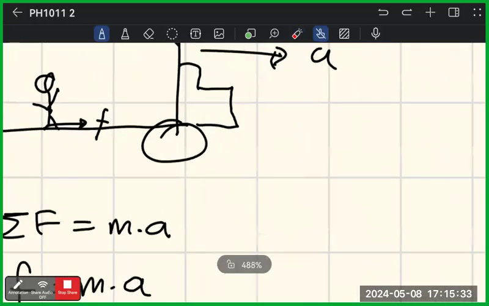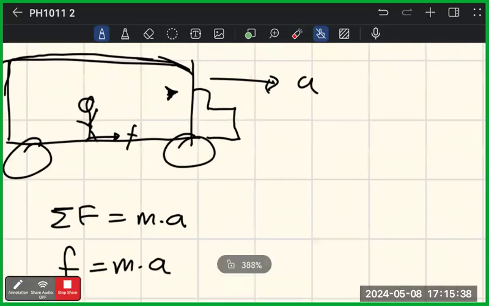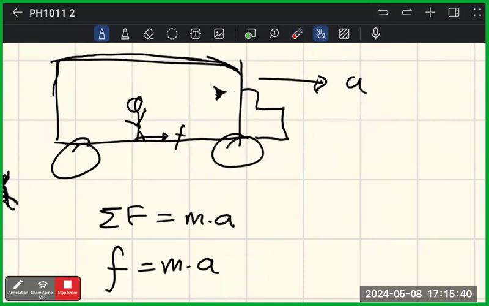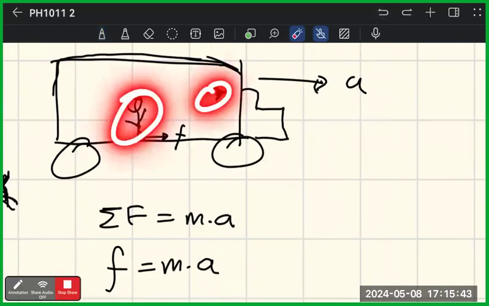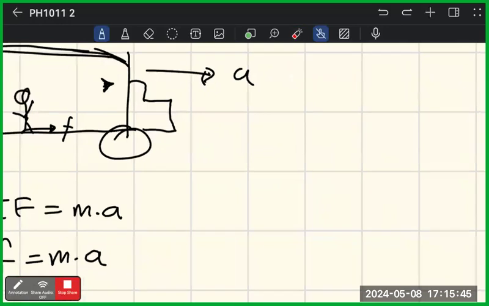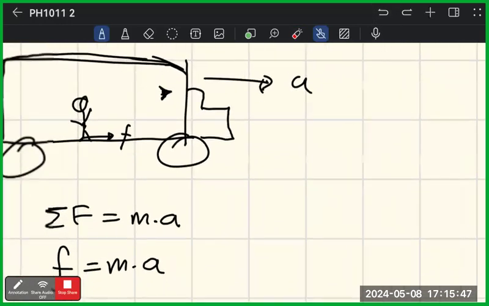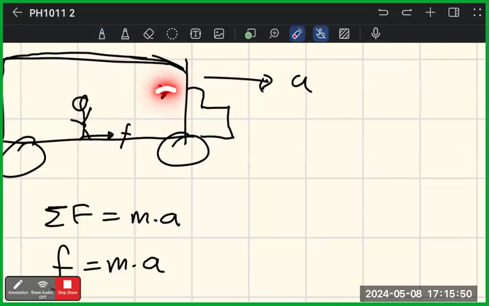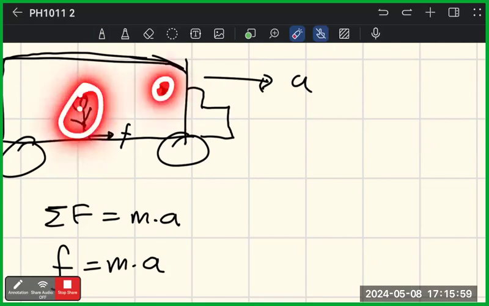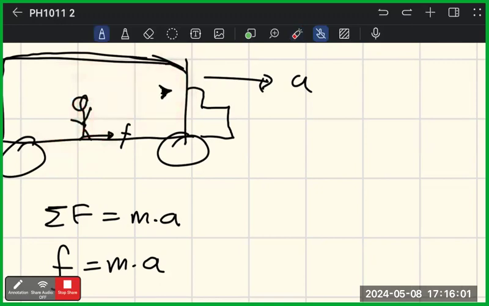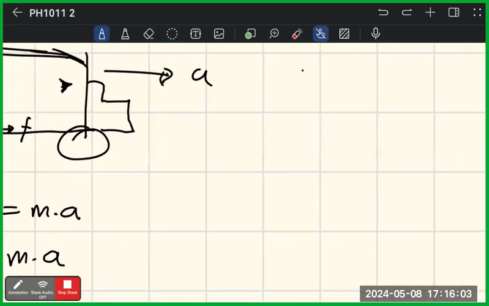But if you are an observer also inside this truck, together with this person, right? Because you're inside the truck, you can obviously see him that he is not moving, right? He's just there, he has no acceleration compared to your reference here. So you say that the sigma force is zero.